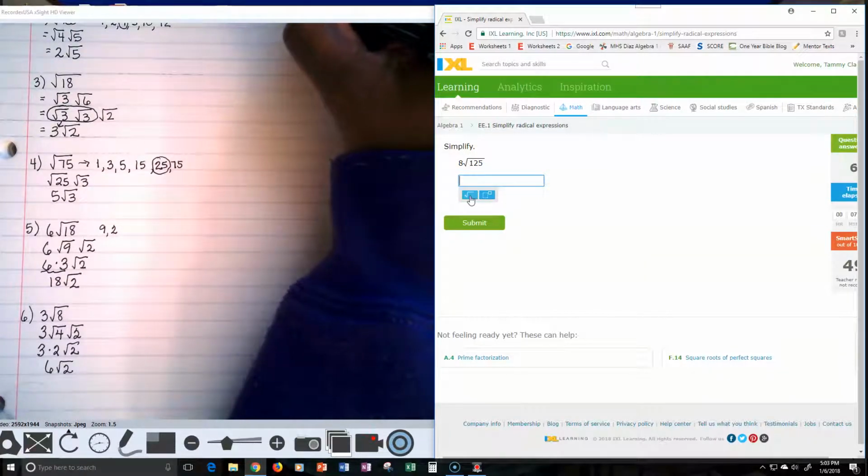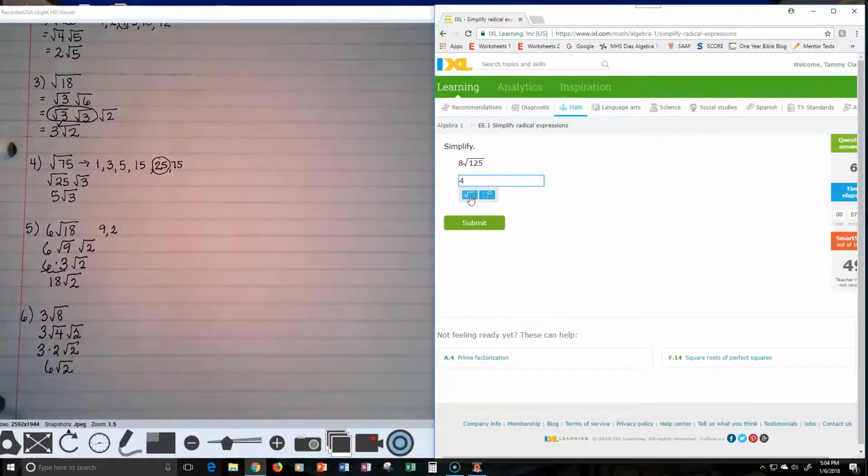So I'm going to do root 25 times root 5. The square root of 25 is 5, so that gives me 8 times 5 times root 5. That's 40 root 5.